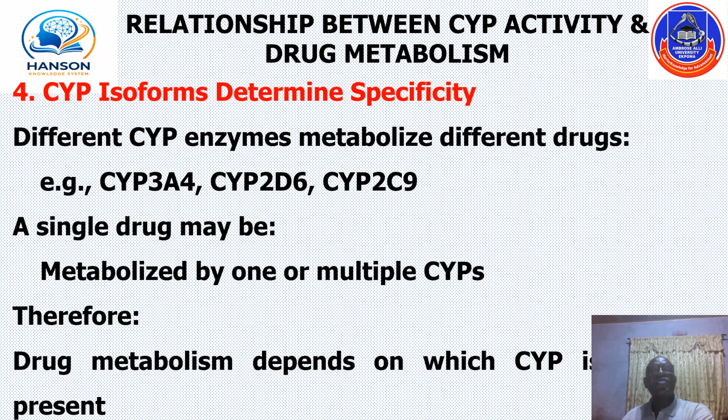Number 4, cytochrome P450 isoforms determine specificity. Different cytochrome P450 enzymes metabolize different drugs. For example, CYP3A4, CYP2D6, CYP2C9.